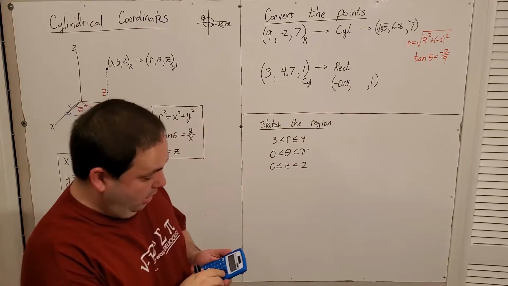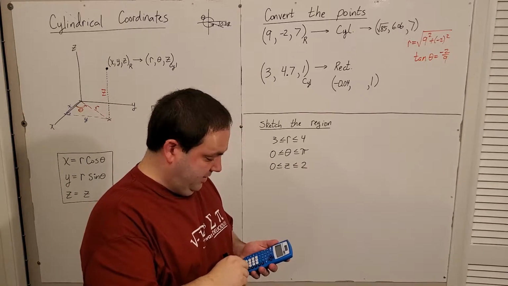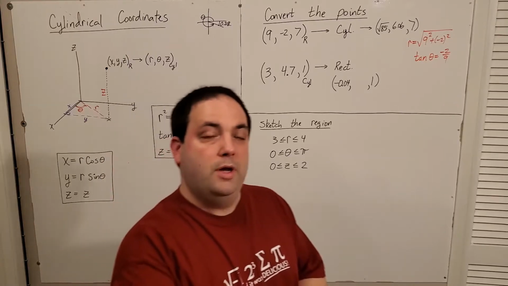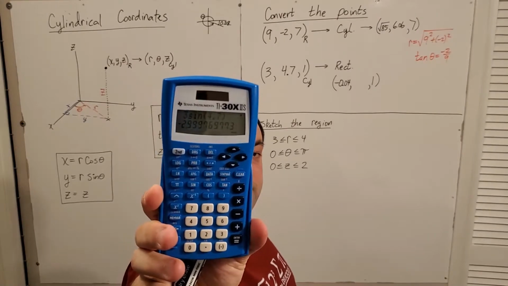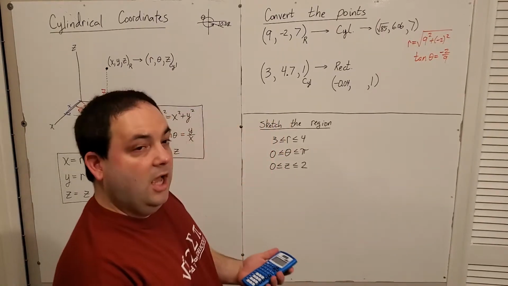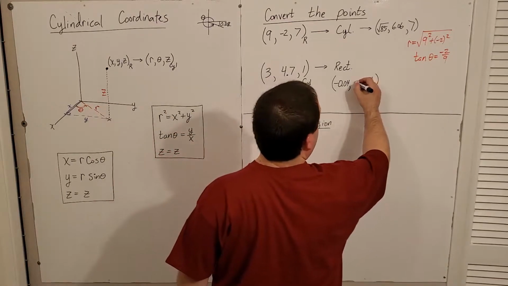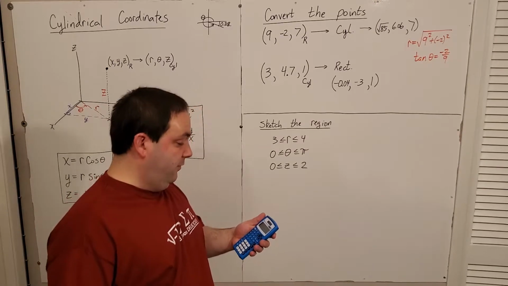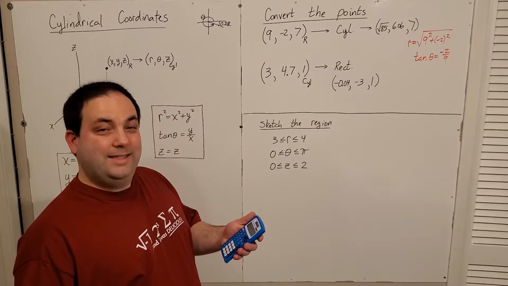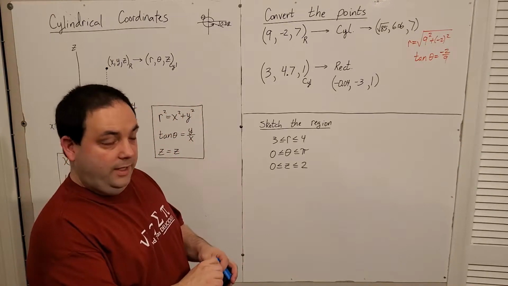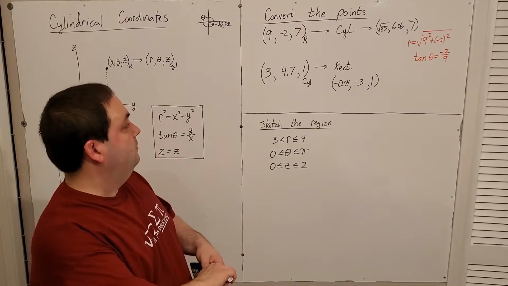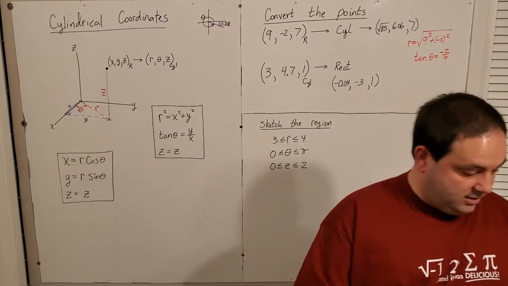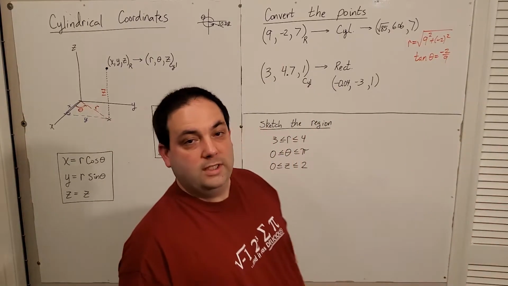And I'm just going to hit up, change the cosine to a sine, and I'm getting negative 2.9997. Well, that's close enough for me just to put -3. Because if you were going to graph that, you would not be able to tell the difference between -2.9997 and -3, not on a graph. Okay? So conversions here work the same as converting from polar coordinates.